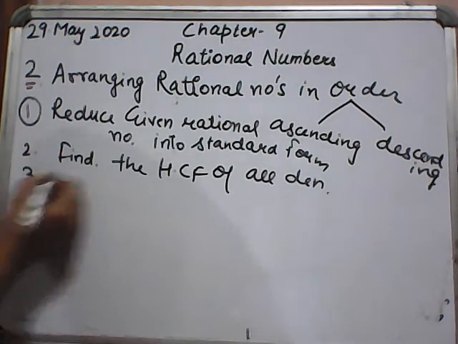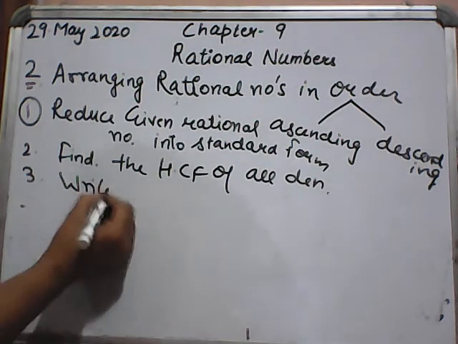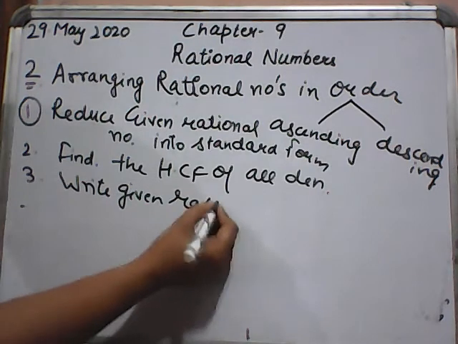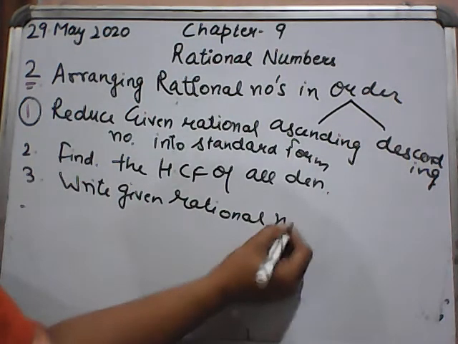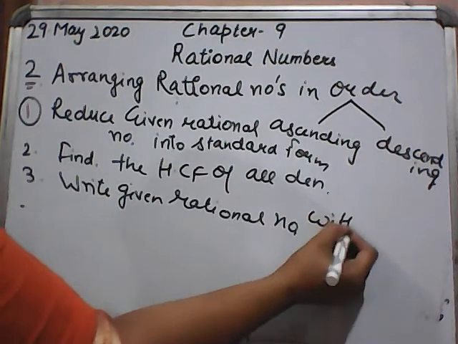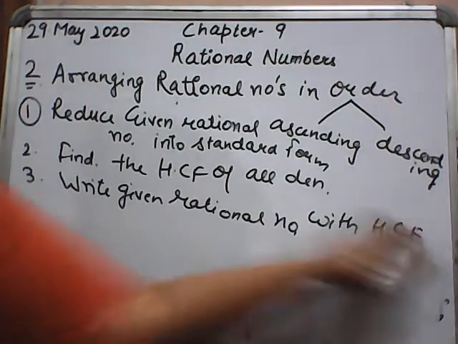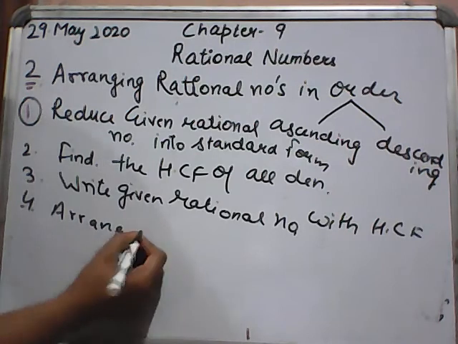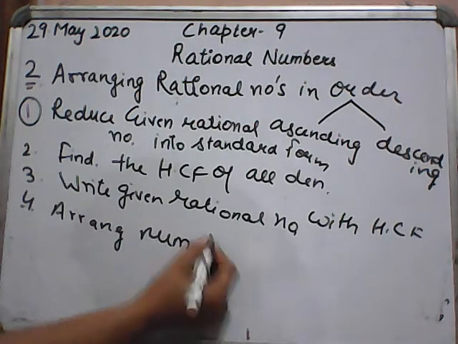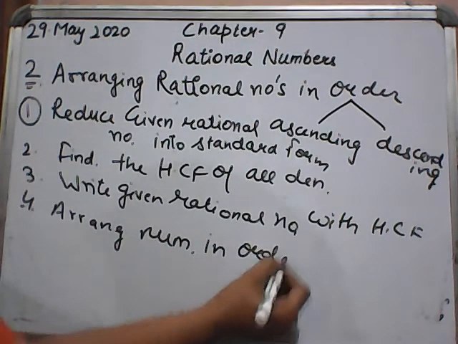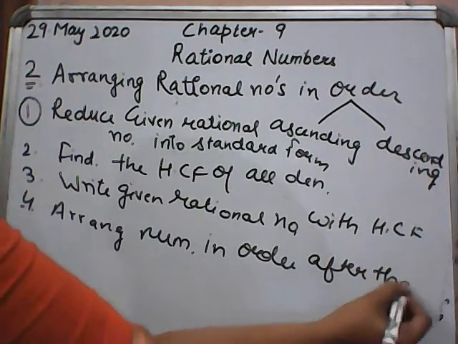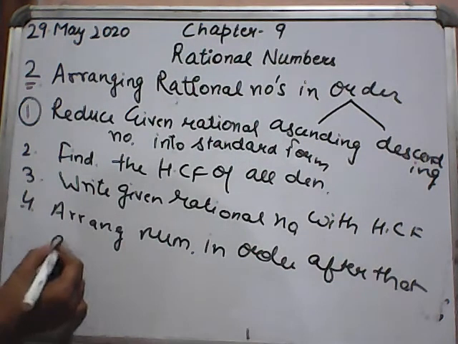Third step is write given rational numbers with the HCF as denominator. Last step is arrange numerators in desired order. After that, write the rational numbers in desired order.